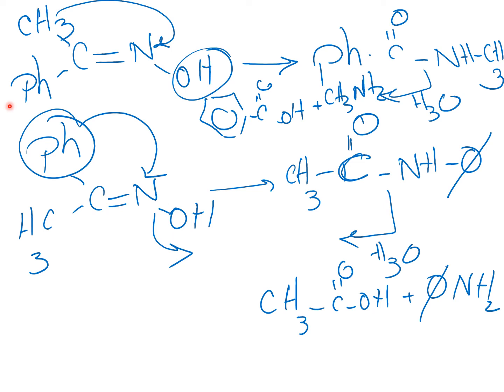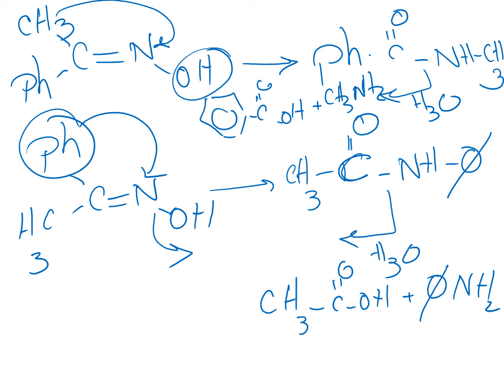Suppose you have different groups on the oxime, then you will have different acids. And you can know the positions of the alkyl groups relative to the OH using Beckmann rearrangement. A modification of Beckmann has been used to identify again the different isomers of the aldoximes.